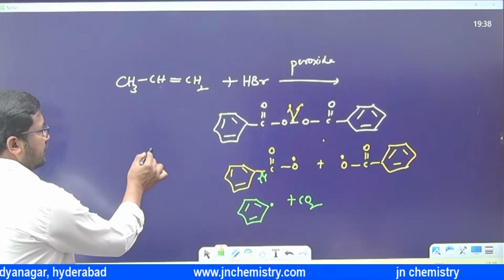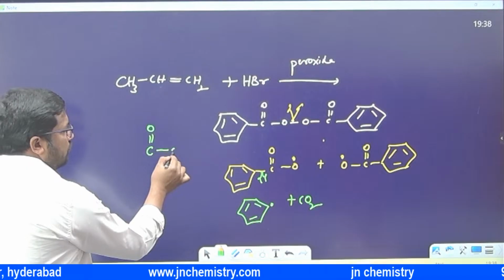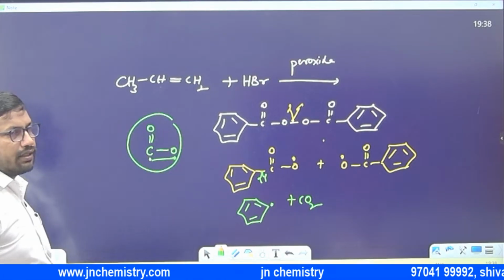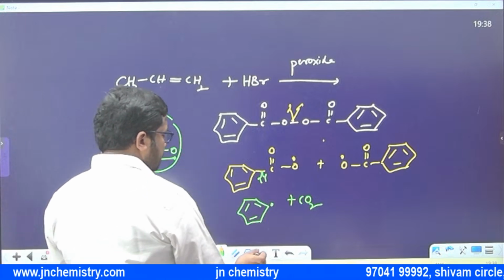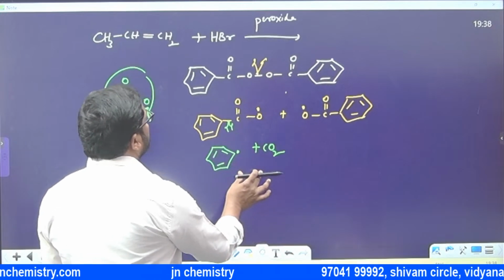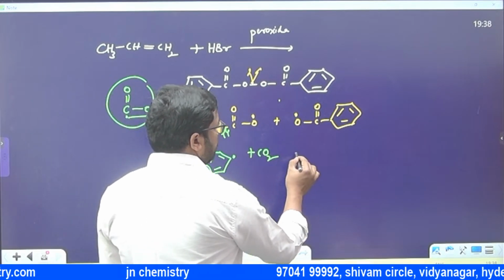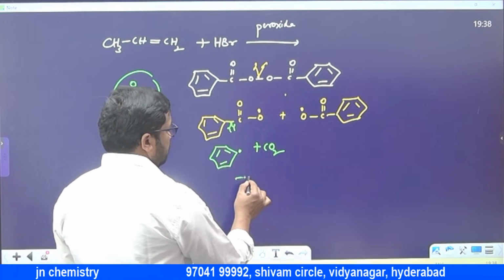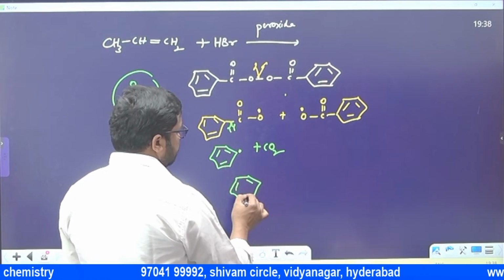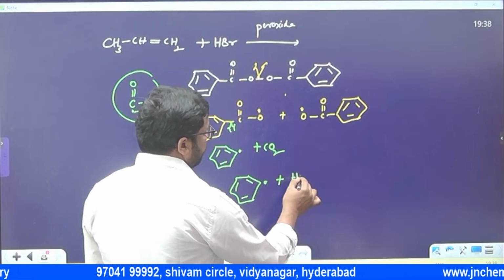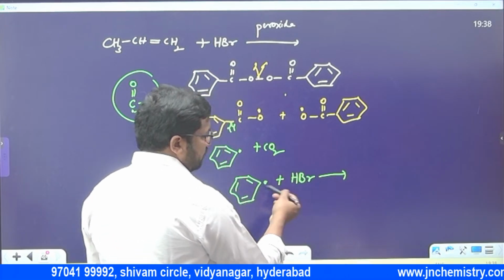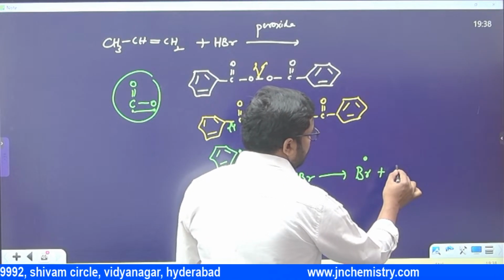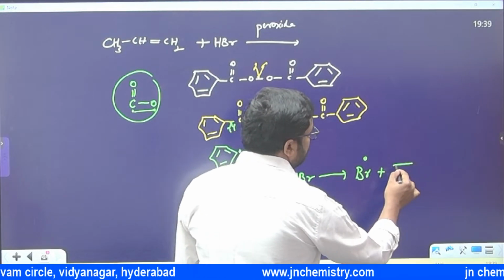How is the carbon dioxide forming? C double bond O, already there is an O radical here, right? So from one radical, both are touching, CO2 is forming. Now the last step: here HBr is coming, H is attacking the benzene ring and a Br radical is coming out, and benzene is going out, right?